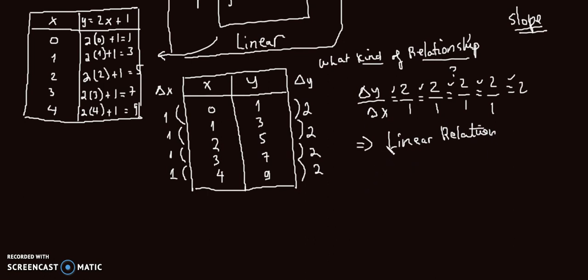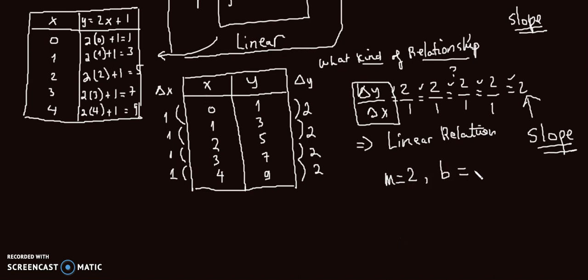Now, what happens if you are asked to write the equation for that? Here, 2 is actually our slope, because based on the definition, delta y divided by delta x equals 2. So you know the slope already, it's 2. And then what you need is to find the intercept. There are two ways of doing this.